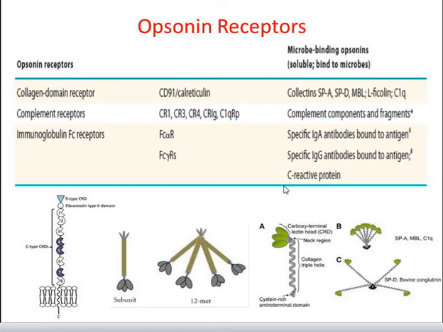Activation of phagocytosis can also occur indirectly by phagocyte recognition of soluble proteins that have bound to the microbial surface, thus enhancing phagocytosis, a process which is called opsonization. This word is derived from a Greek word which means to make tasty.